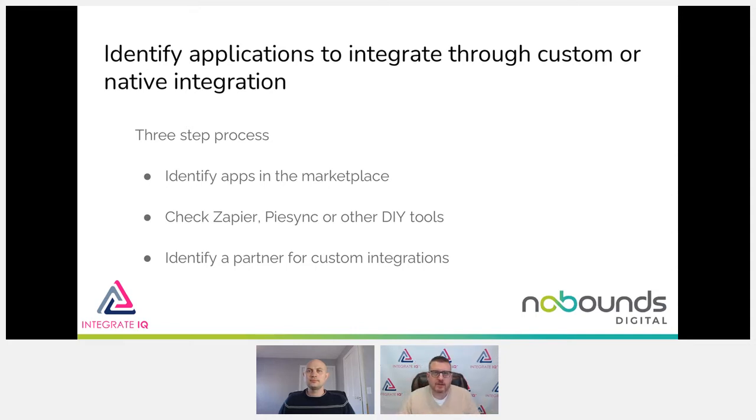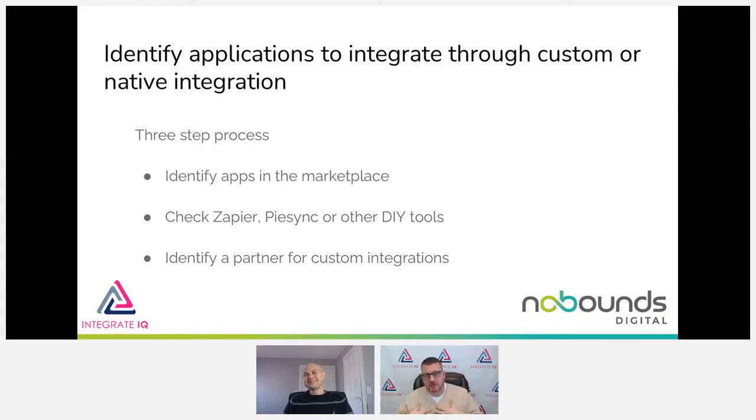Second, there are the DIY self-guided connections and syncing tools. HubSpot bought PieSync last year. It's still developing. I like to think of depth and breadth in how these integrations work. So Zapier, which, of all the brands, I don't know that anybody knows the true definition.